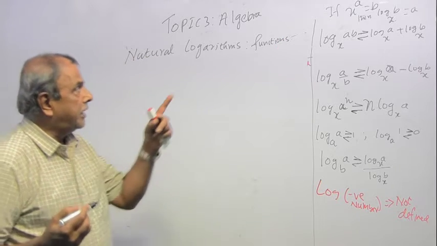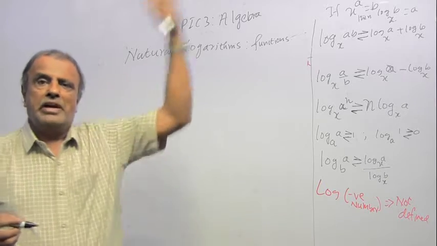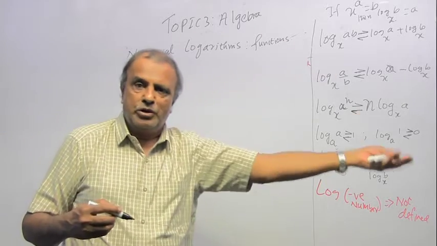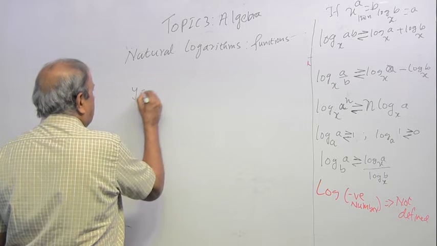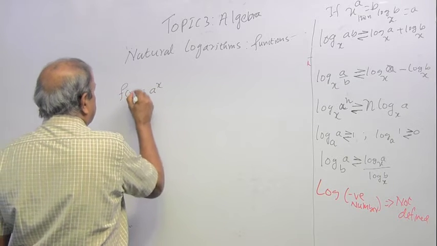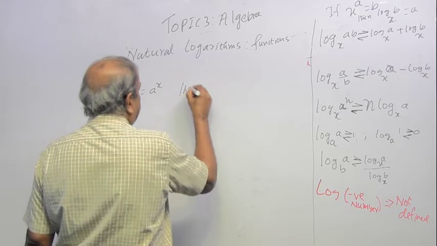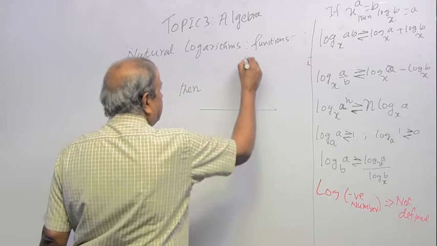Remember, to define a logarithm, we use an exponential, a power x equal to b, or x power a equal to b. So in other words, y equal to a power x. If f of x is equal to a power x, then the graph is like this, correct?